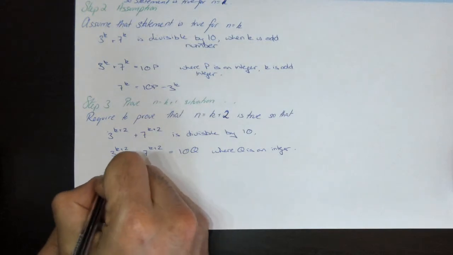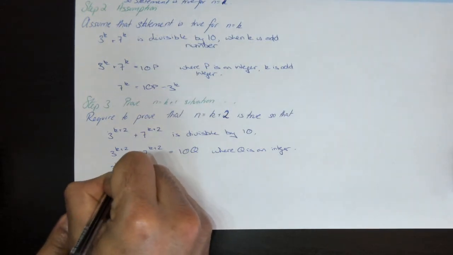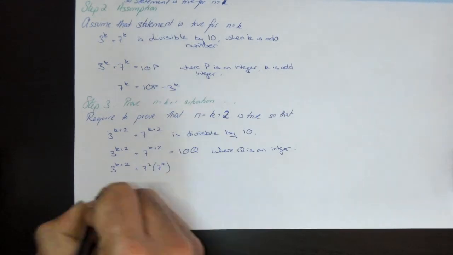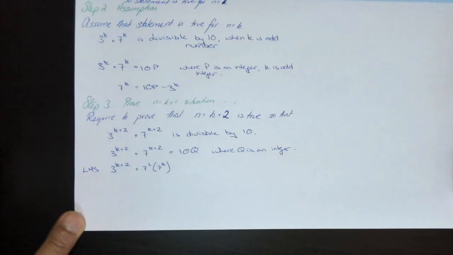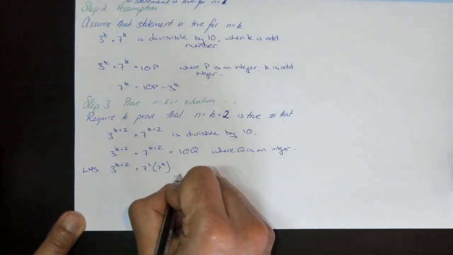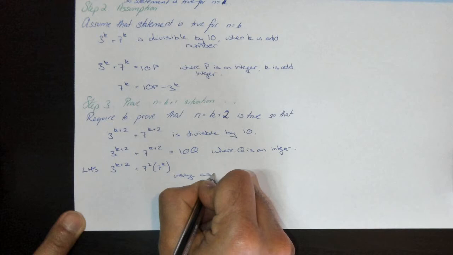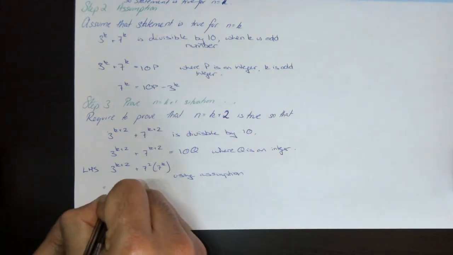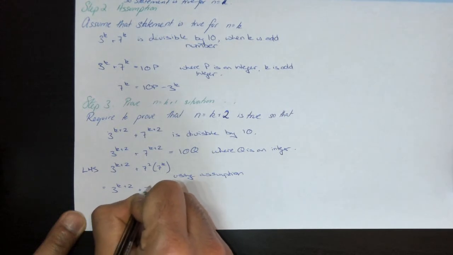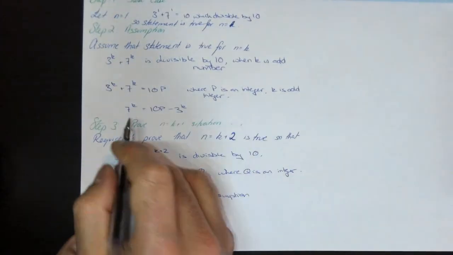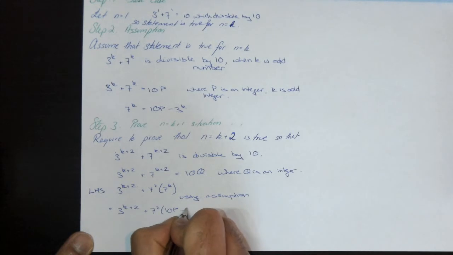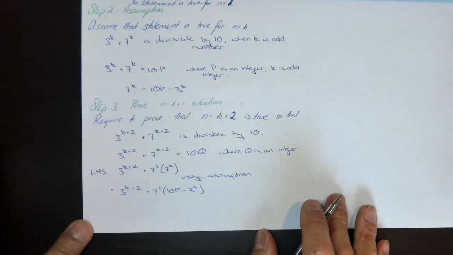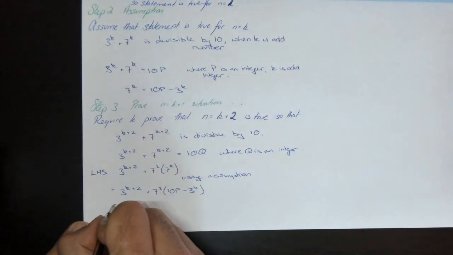So we actually get 3^(k+2) plus 7 squared, 7 multiplied by 7^k. So we're just looking at the left-hand side. Using our assumption, the left-hand side is worth 3^(k+2) plus 7 squared, and 7^k was 10p minus 3^k.